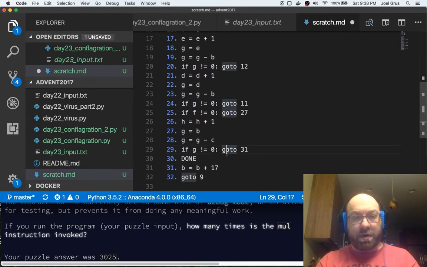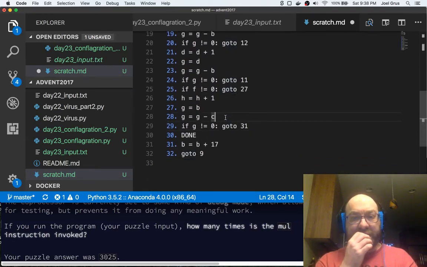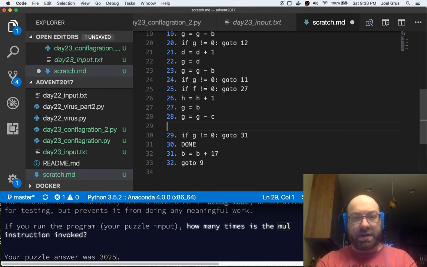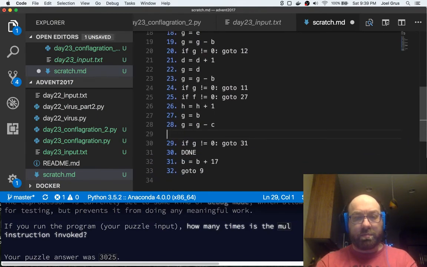So to start with, if G is not equal to 0, go to 31. So let's rewrite this as: if G equals 0, break.